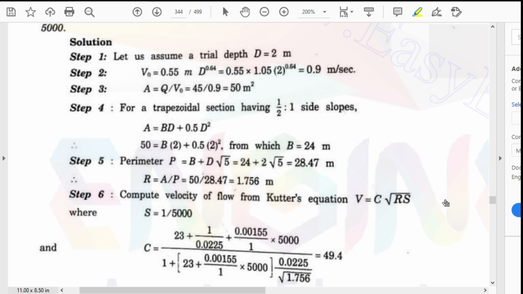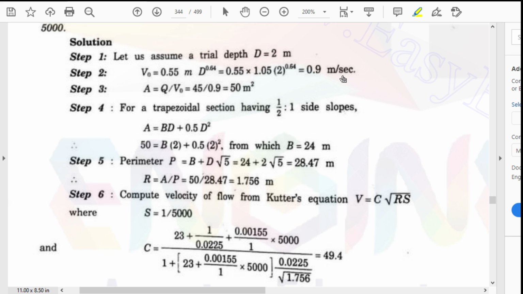Now, from this you have to compute the second velocity. One velocity we have already found, that is v is 0.9 meters per second. The second velocity we have to find by using Kutter's equation.